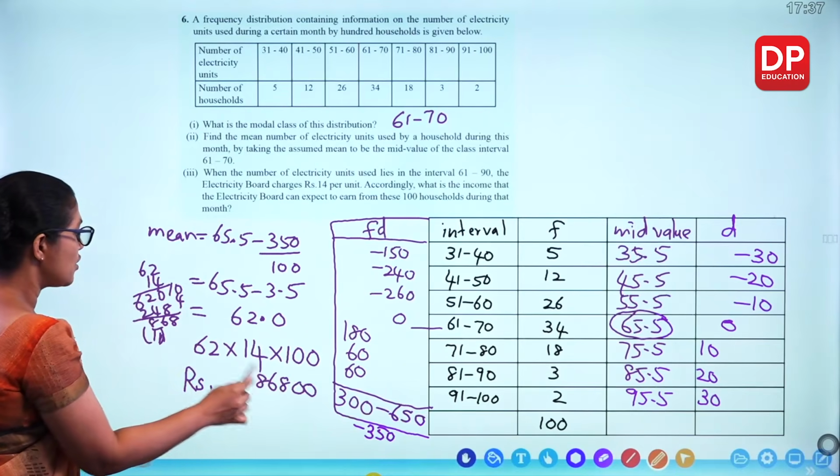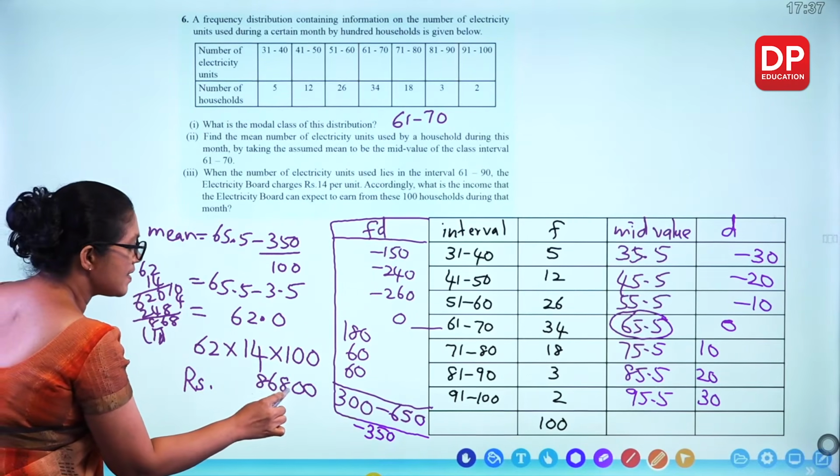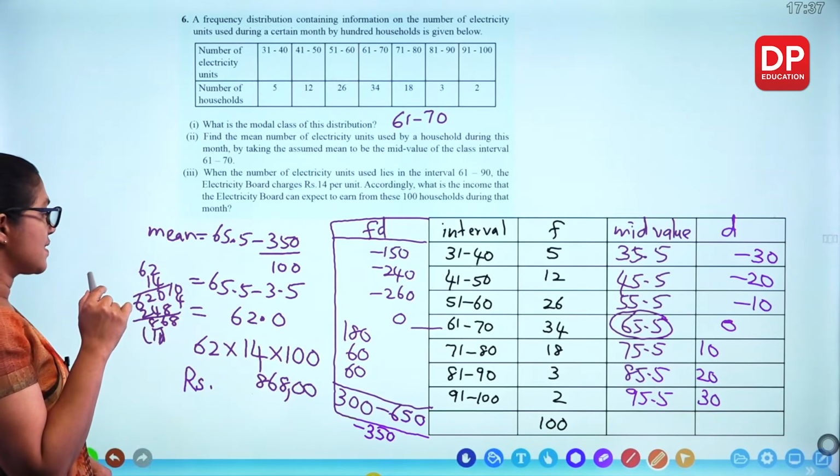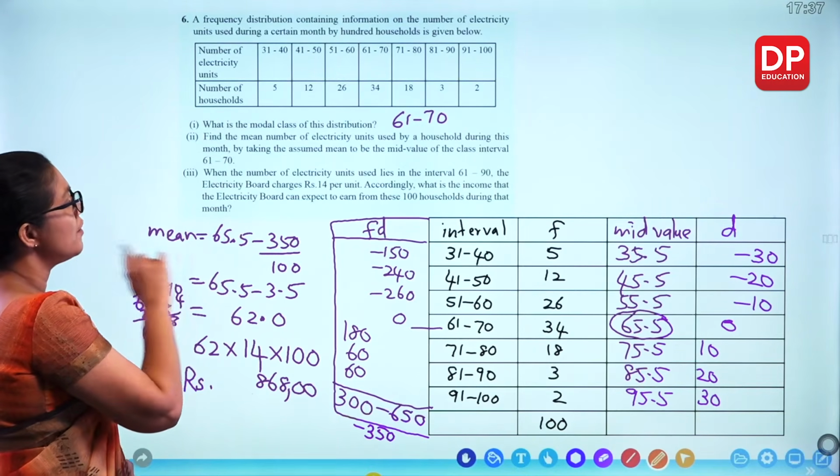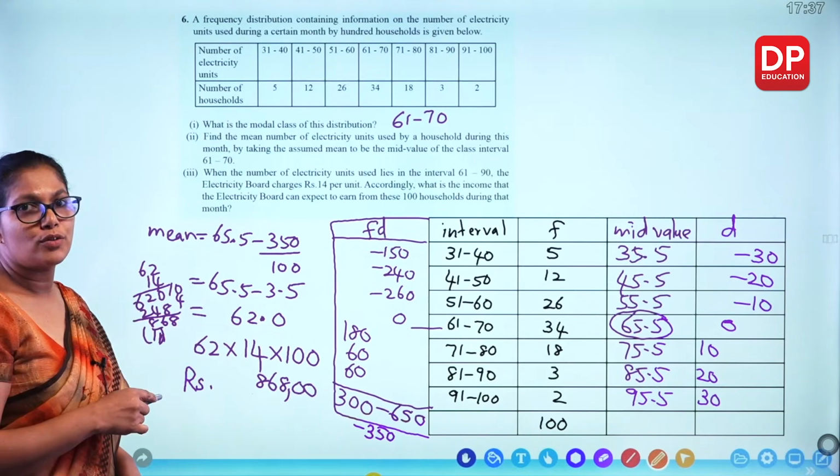So what's the total? 868,000 rupees is what they expect to earn from 100 households.